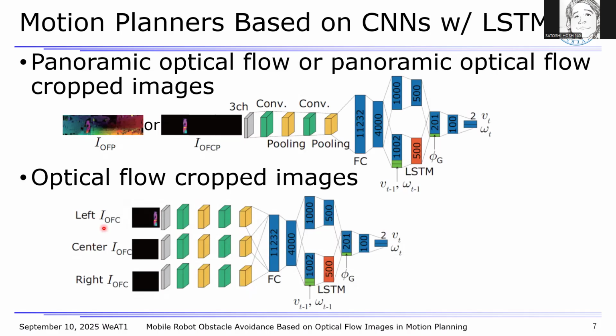In the pseudo motion planner, each optical flow cropped image from the three viewpoints is used as an input. In the fully connected layer, linear and angular velocities from the previous time step are used as additional inputs, while the goal direction is fed into the fifth layer. Finally, in the output layer, the next linear and angular velocities are derived.